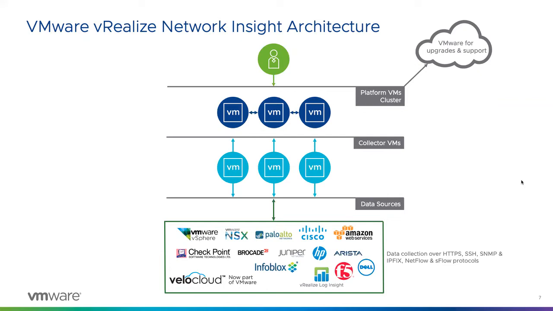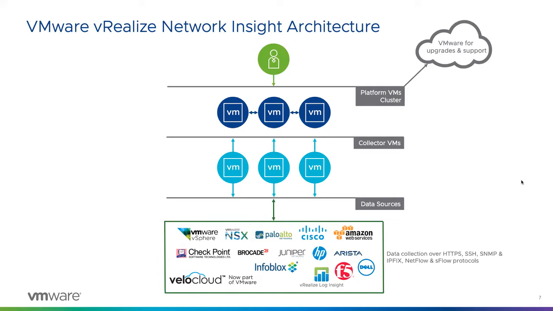As you can see here, there are a lot of different logos that we have integration with. This is constantly growing. We are on a quarterly release cycle, which is really nice because our engineering team has been doing an awesome job on every quarterly release, adding new features, new integrations with third-party vendors, and also with VMware product integrations.